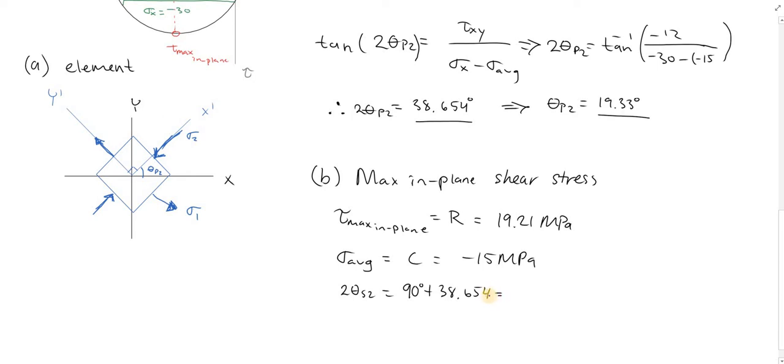We will find that that is 128.654 degrees. For our element, we divide that by 2, and we will find that it's 64.329 degrees.